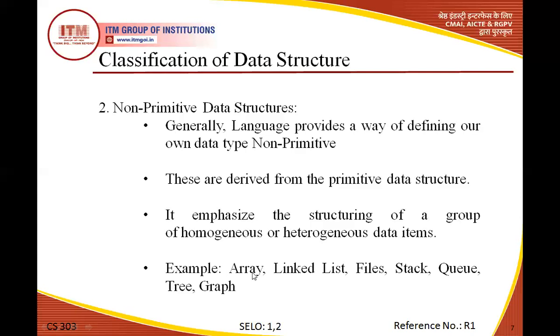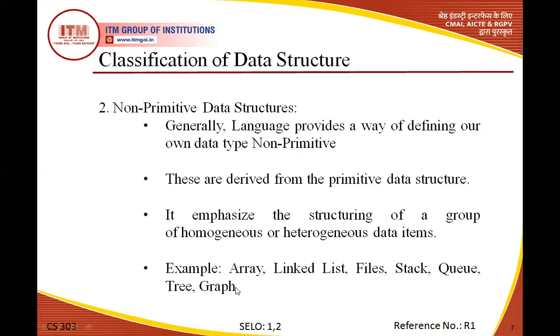Examples are array, which is a collection of homogeneous data, linked list, files, stack, queue, tree, and graph. All these are user defined: they are our own data types, which can be defined by the user or programmer. That's why these are called non-primitive data structures.